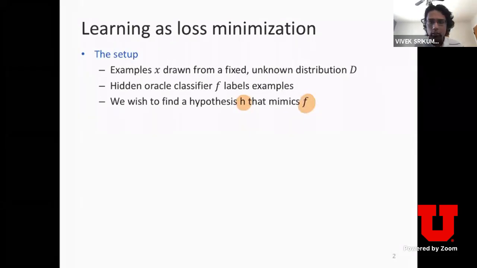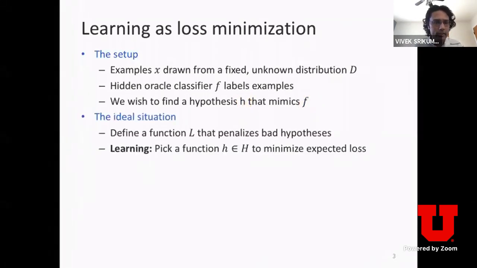In order to do that, we have thought about various different approaches for learning, and here's a general scheme that unifies many of these ideas. In the ideal case, we'll define a function L that penalizes bad hypotheses.